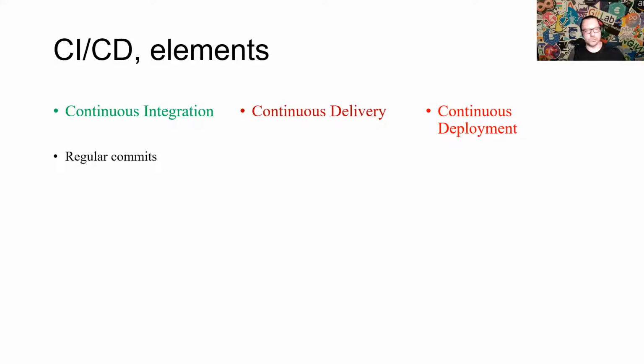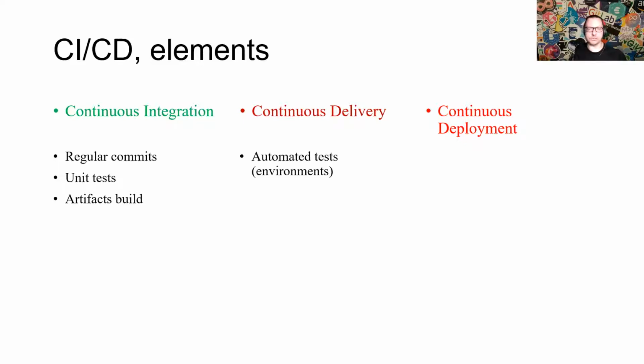So we are talking about regular commits into the code repository, into version control. We are talking about unit tests. We are talking about building the artifacts and storing these artifacts. So the moment where you send your artifact somewhere, it can be Artifactory, it can be S3 on AWS, whatever, this is the boundary where CI ends. Then we have continuous delivery.